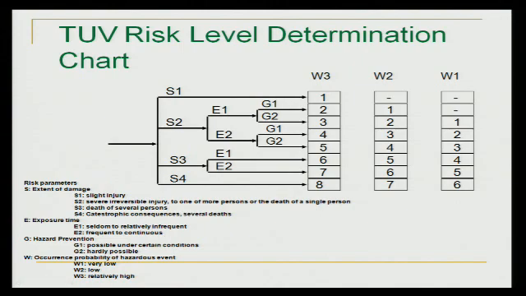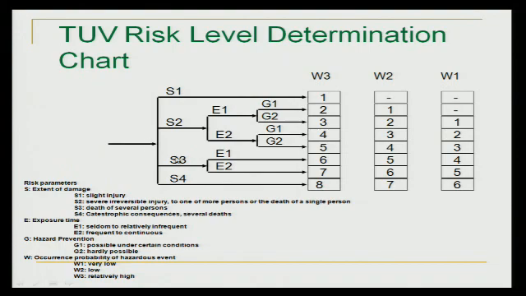How often would a person driving a car be exposed to a shrill noise because of a bad braking system or something like that? So exposure time. The hazard prevention. Can you do this under certain circumstances, or it's hardly possible to do it at all? So can you prevent it? And then what's the occurrence probability from very low to very high?